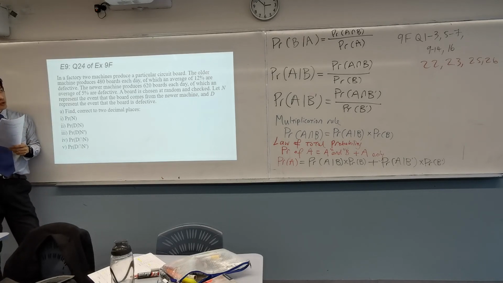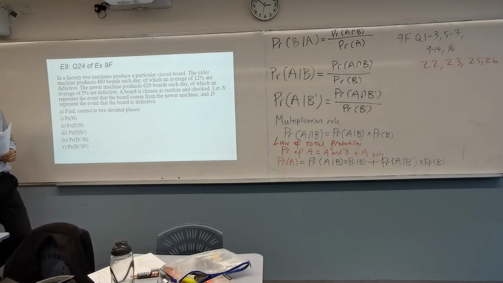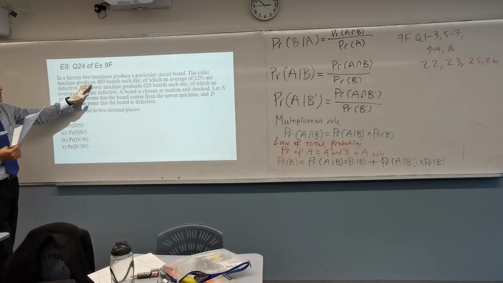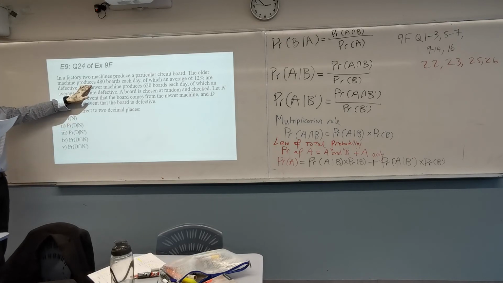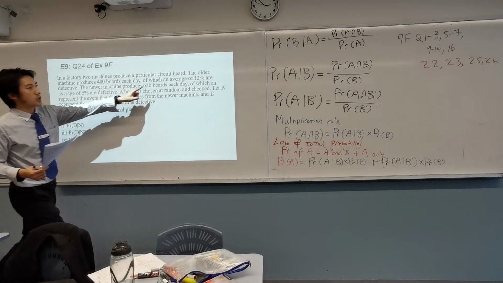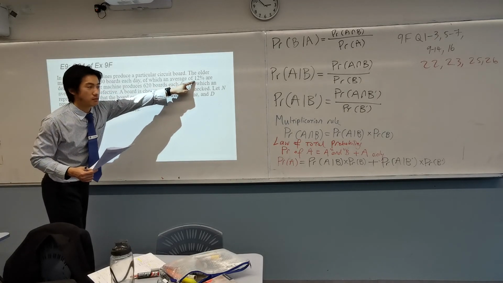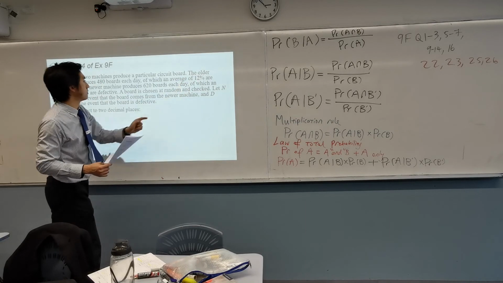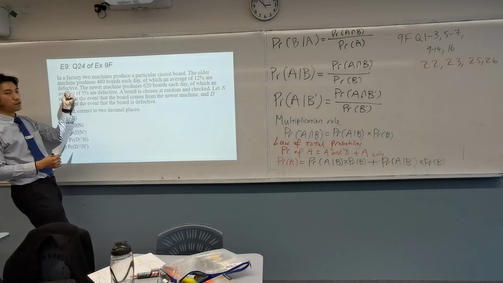In a factory, two machines produce a particular circuit board. The older machine produces 480 boards per day with an average of 12% are defective. Okay, I'll restate that second sentence in another way to make it a bit clearer. 12% of the older machine's boards are defective.